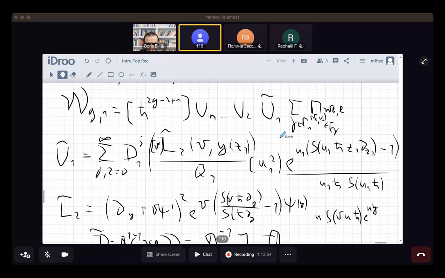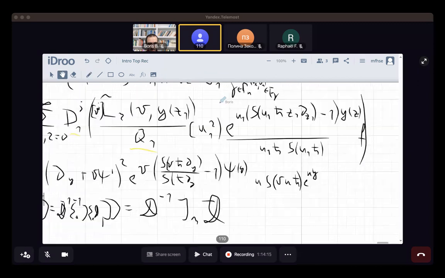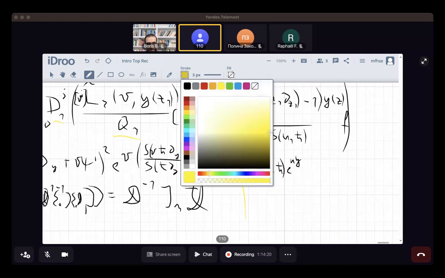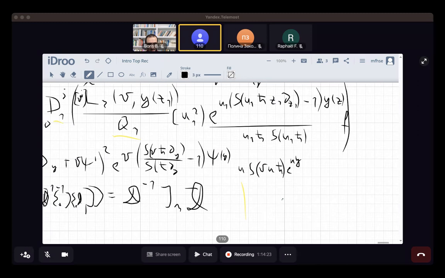Again, the poles can arise only from D and Q. And again, when you consider a finite power of U, this will be a finite combination of functions of the form d to the power j q inverse f, where f is regular.